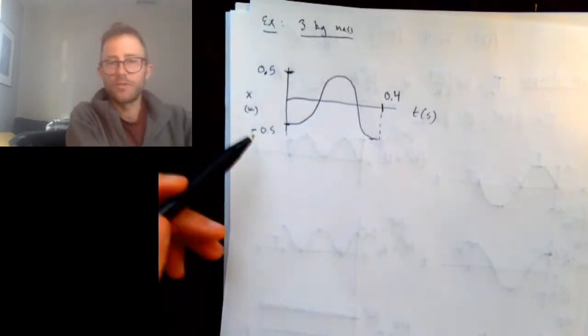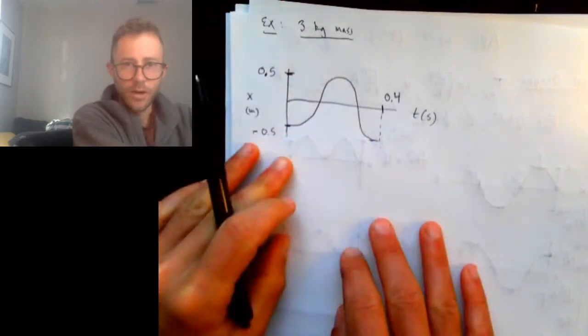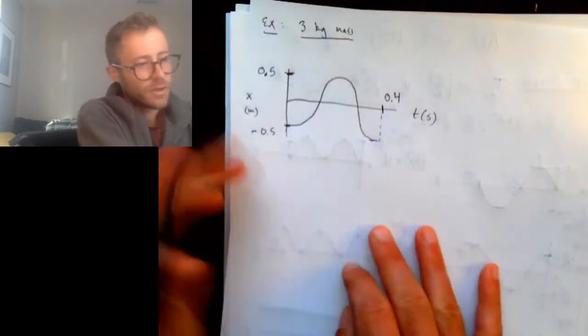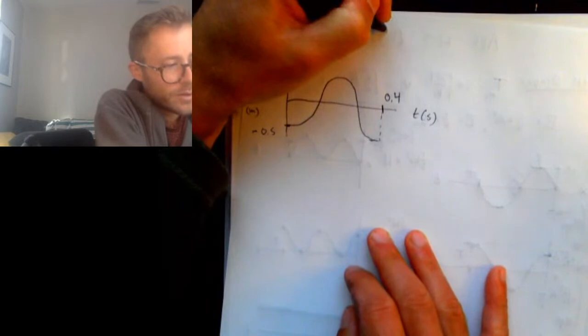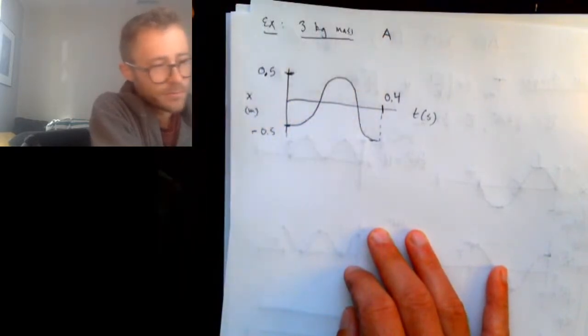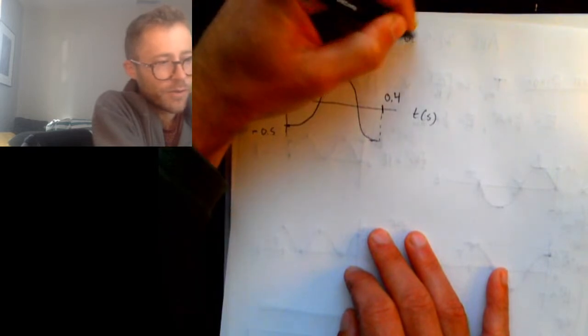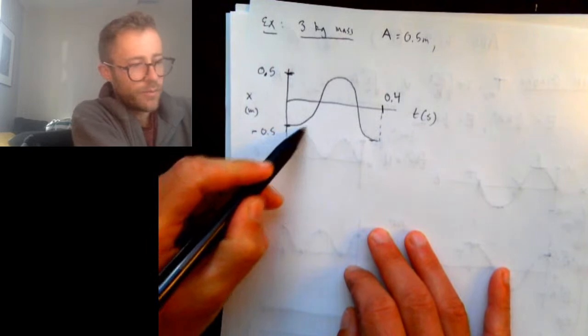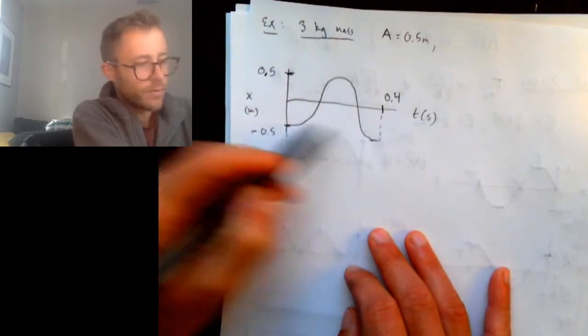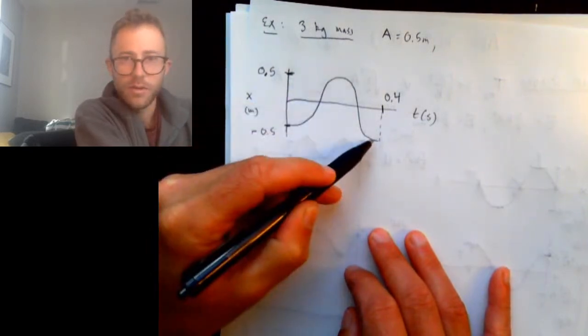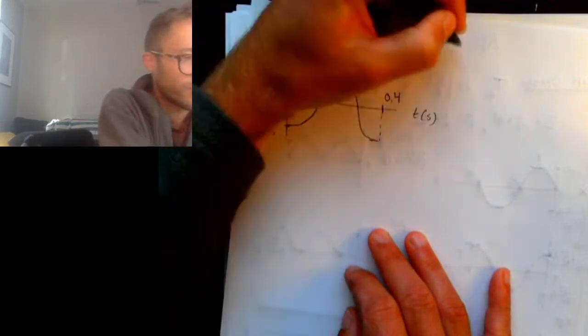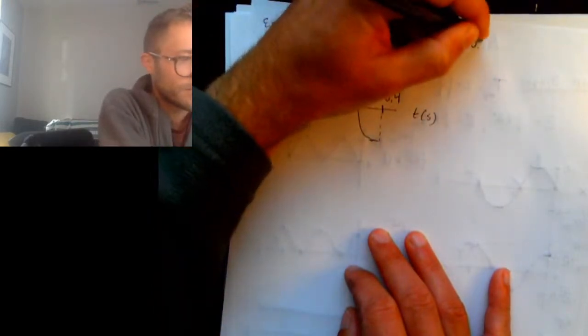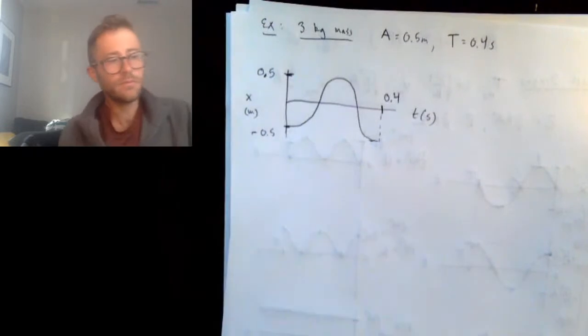So from this graph, we are able to determine two things. We know that the amplitude is 0.5 meters. And we know that the period, a full back and forth, is 0.4 seconds.